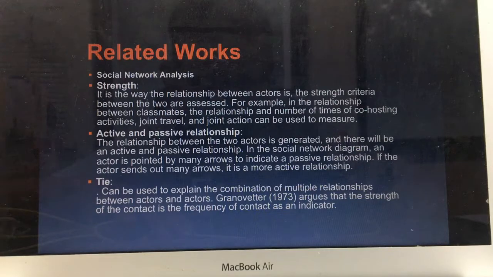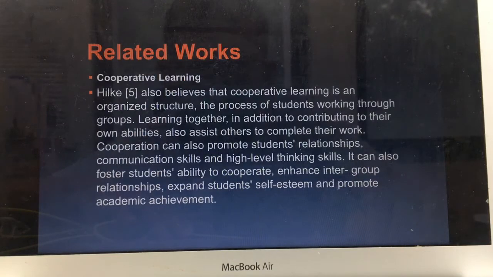Some researchers in 1973 argued that the strength of the tie is indicated by the frequency of contact. For cooperation, researchers also believe that cooperative learning is an organized structure.